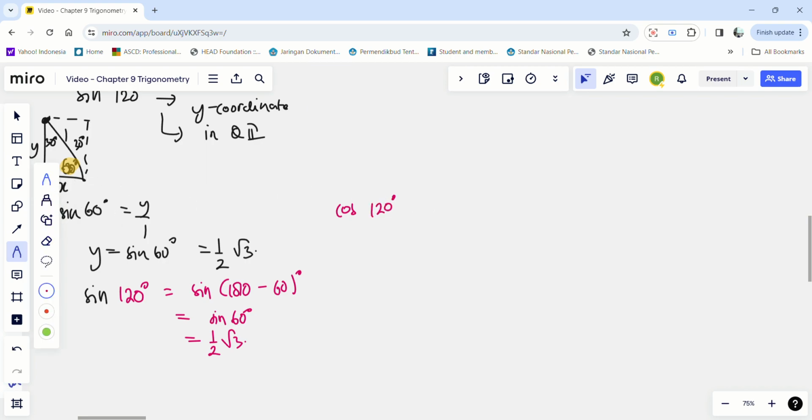Cos 120 degrees will be cos of 180 minus 60. So instead of using 120, I'll be dealing with cos 60 itself. However, cos 120 is in quadrant 2, which means the x must be negative, while the y is positive. So this will be negative, negative half.